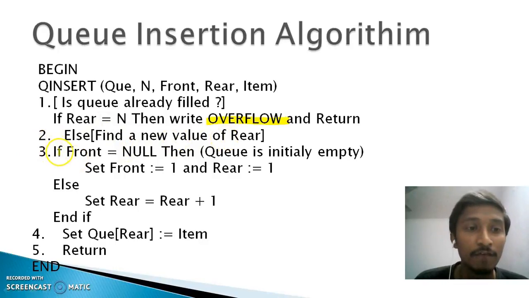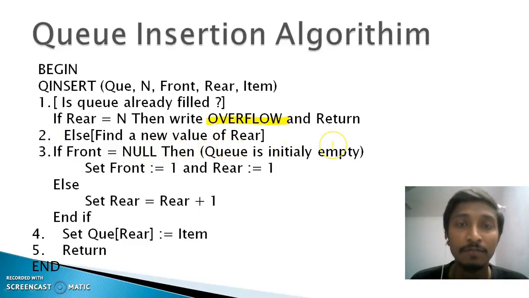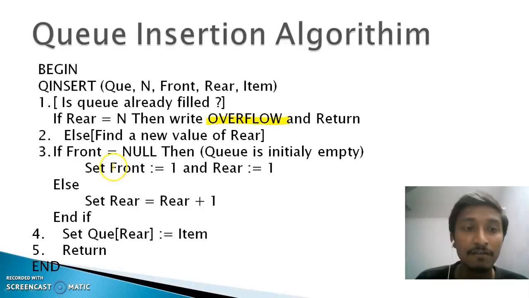If front is equal to null, then the queue is initially empty. A second case can be if the queue is empty, no element is inserted in the queue. So front is null, then set front is equal to 1 and rear is equal to 1.